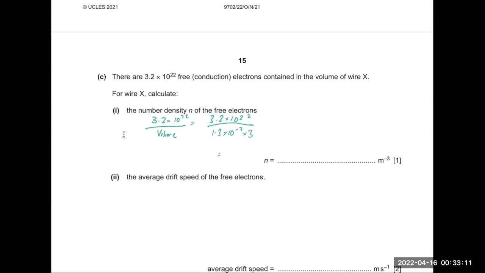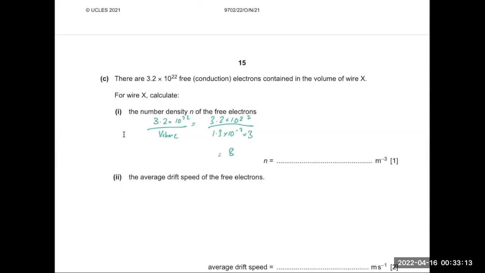And the number density comes out to be 8.2 into 10 raised to the power 28 per meter cube. These are the number of electrons that you will find in 1 meter cube of this wire.